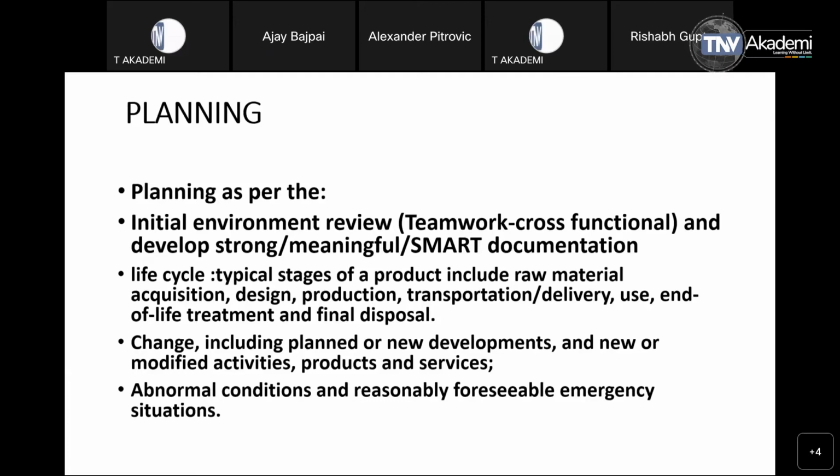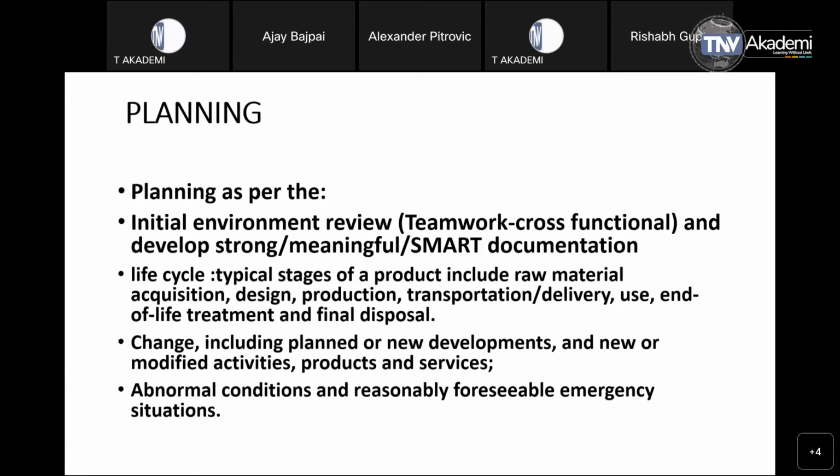I always say cross-functional teams, because in aspect identification a lot of technicalities are involved. It is not a simple desktop review. It is looking at the machines, equipment, products, processes. So a lot of involvement of the engineering team, the maintenance team, the design team, the purchase team, the stores team, the transporters within the company, and the vendors and suppliers needs to be involved, depending upon what type of product, process, and activity we have, and depending upon the size and complexity of operations.